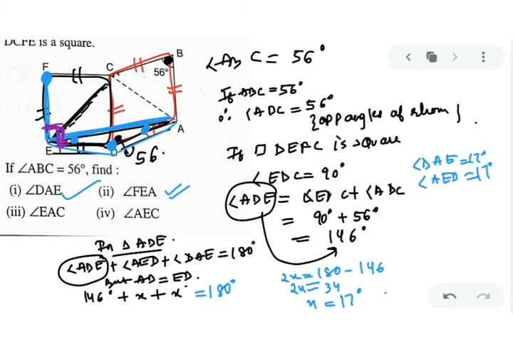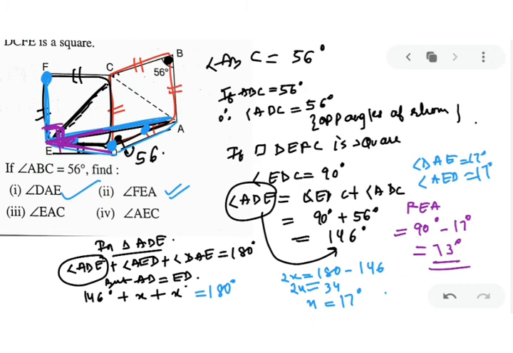And you got this angle to be 17. So if you want FEA, you can make 90 minus 17, that will be 73 degrees. Yes. Next, why did we get this 90? Because it's a square. So a square has each angle 90.